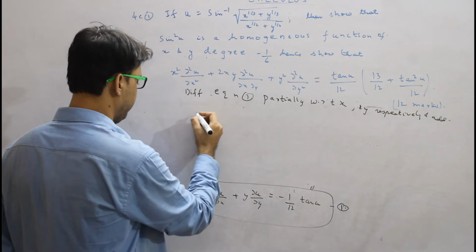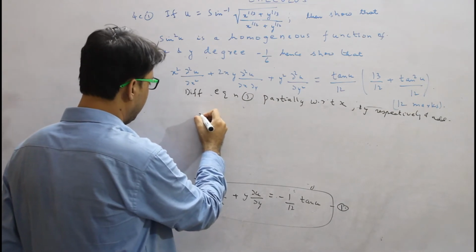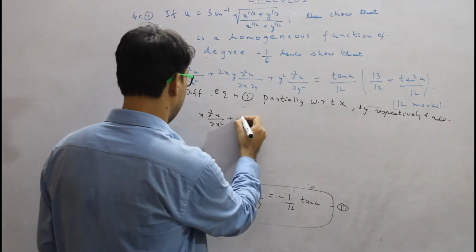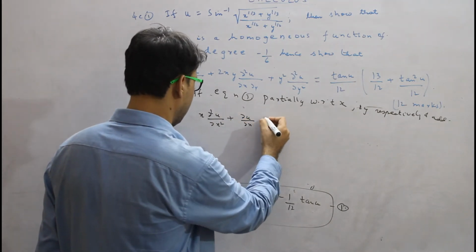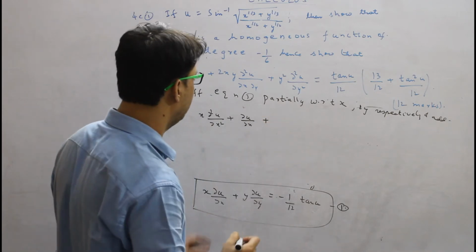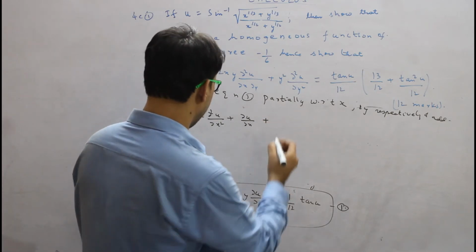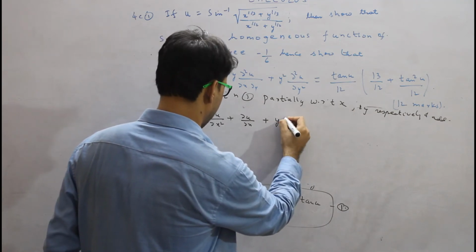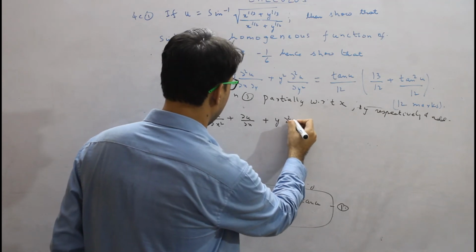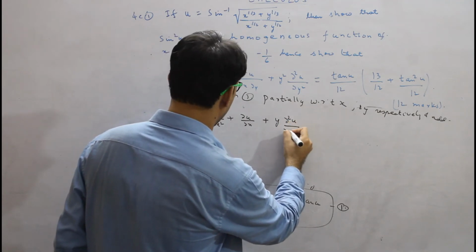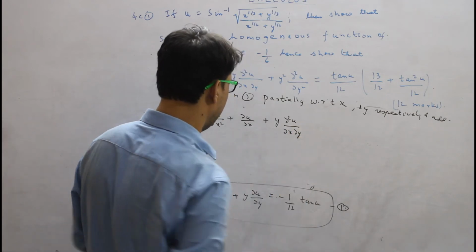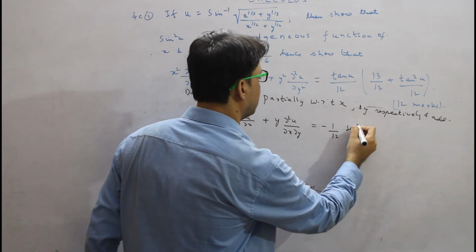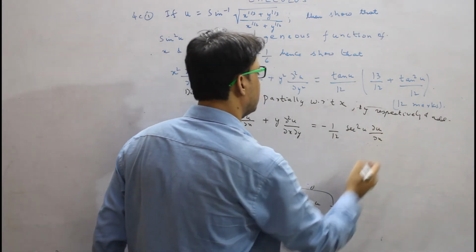So this will be x ∂²u/∂x² plus ∂u/∂x plus this one gives me y ∂²u/∂x∂y is equal to minus 1/12 sec² u ∂u/∂x.